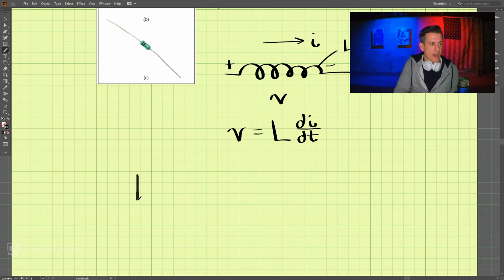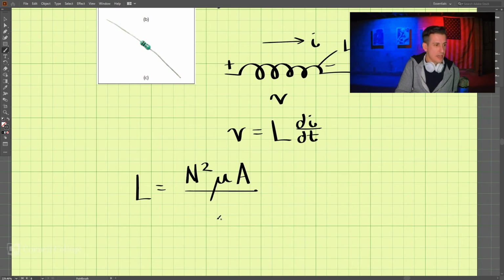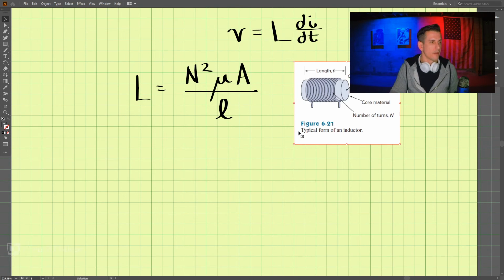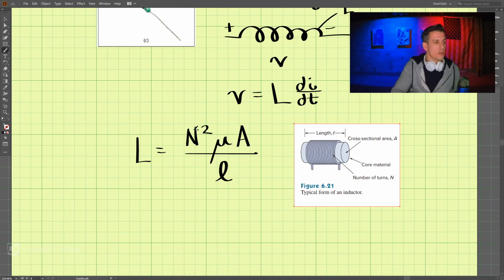Additionally, L is equal to N squared times mu times A divided by L. Let's take a look at a diagram. N is the number of turns: 1, 2, 3, 4.